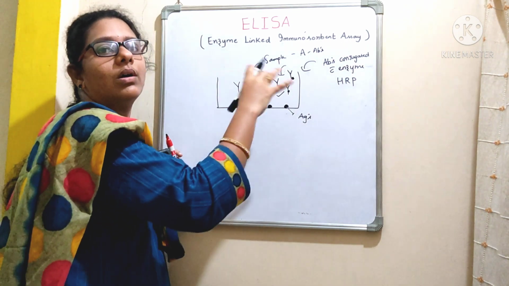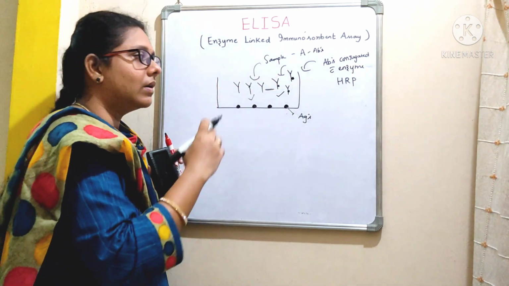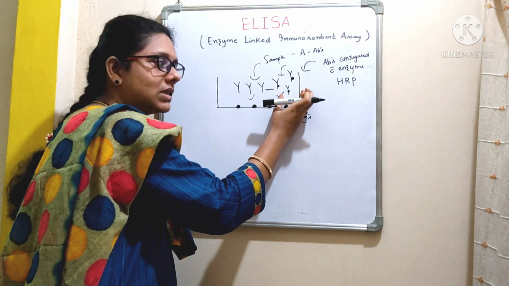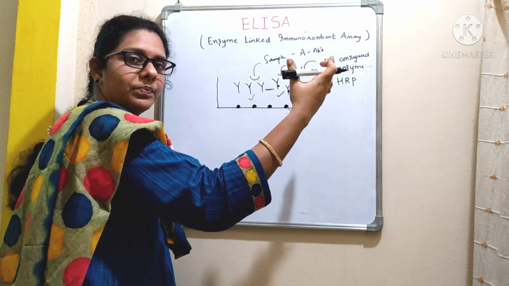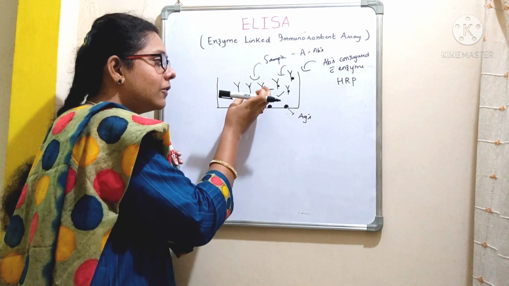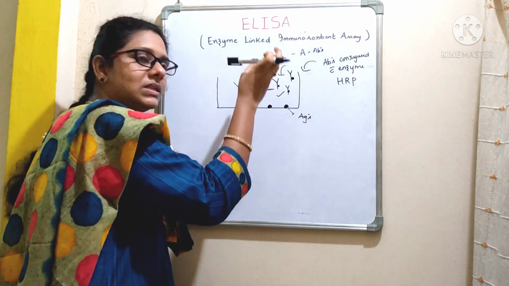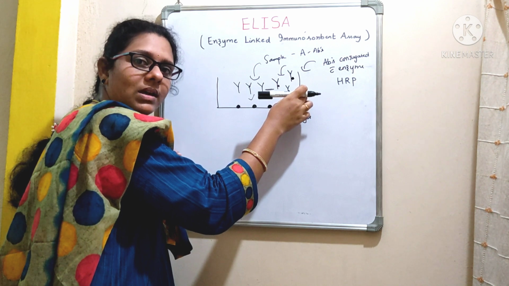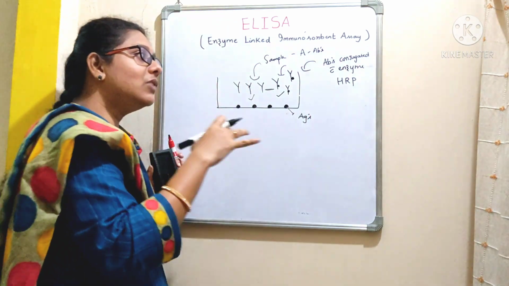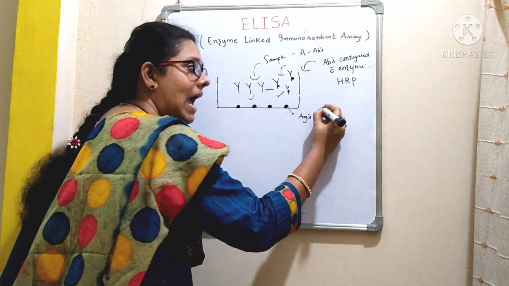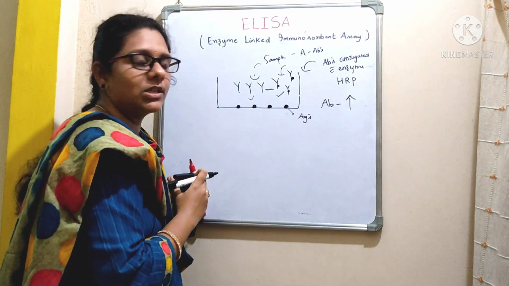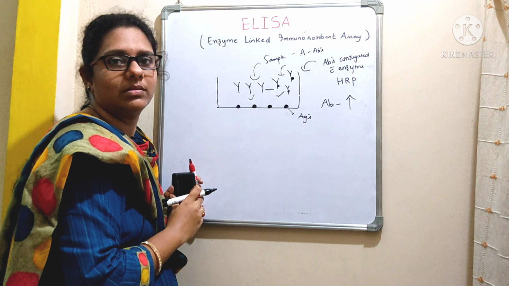That depends on the concentration of the antibody. If the antibodies conjugated with the enzymes are more in number, they may win the race. And if the antibodies present in the sample are higher in number compared to these antibodies, they may win. That we need to detect. The antibody with higher concentration will win the competition.